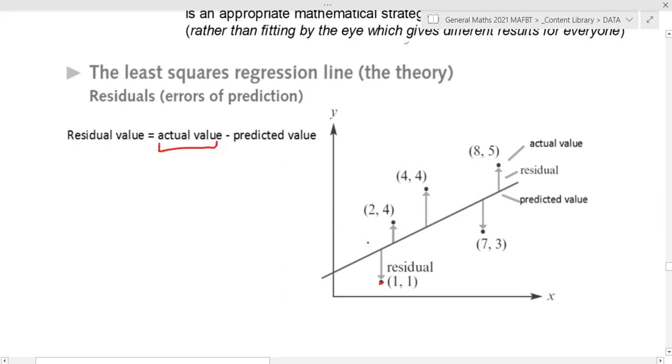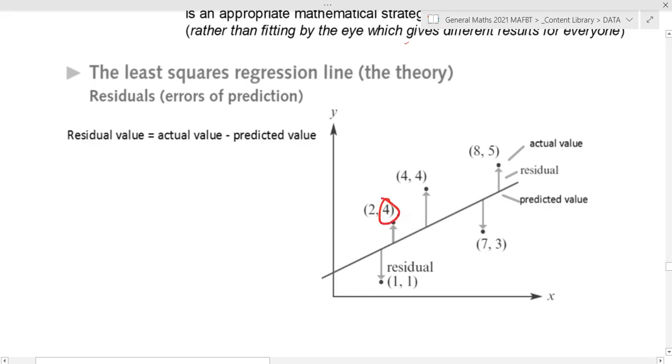Now there's an actual way to calculate the residual, and it's this formula. It's the actual value on the scatter plot, take away the predicted value on the line. So for example, if you look at the scatter plot here, the actual value is 4, and we're looking at the y points. Remember when you plot points you've got x, y.